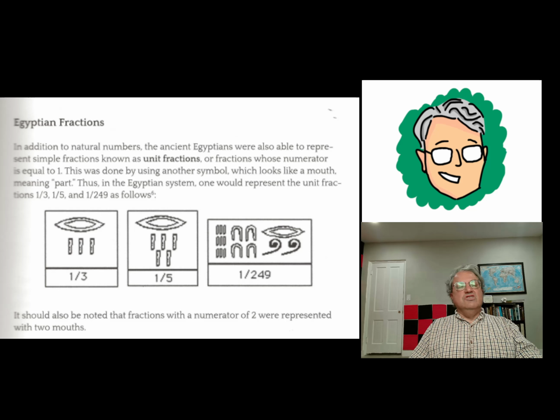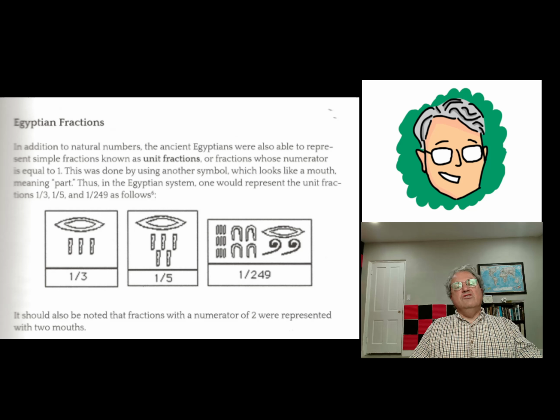So anyway, these examples I show, the first one is 1/3 because you've got the I symbol indicating it's a fraction with the numerator 1, and then you've got 3 vertical lines representing the denominator of 3. And the second one, you have the I symbol again, meaning it's a fraction with numerator 1. And then this time there's 5 vertical lines, so that represents 1/5.